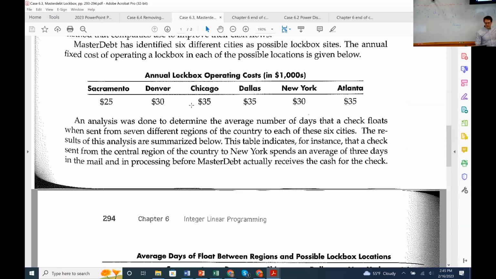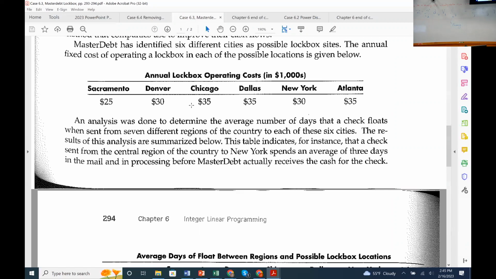If we're mailing checks to that lockbox from any region, this constraint flips the binary Yj up to being 1, because no matter what M is, if Yj is 0, M times 0 is 0. And the only way this left-hand side could be less than or equal to 0 is if all those X's are 0, i.e. no region is assigned to that lockbox.